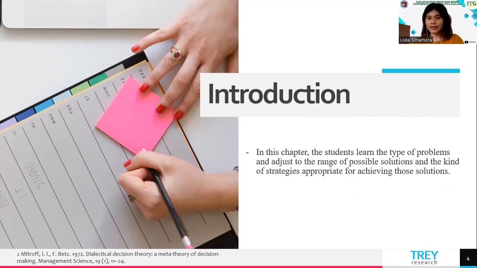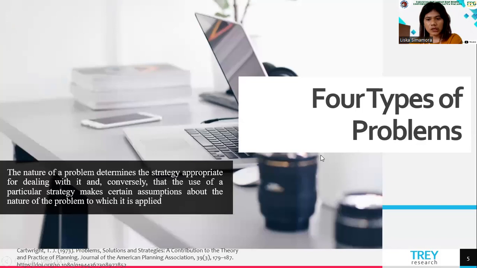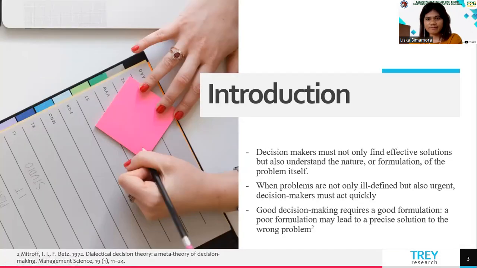So the key here is appropriateness. We have to think about the appropriate solution to solve the problem. How to find the appropriate solution? Of course, we have to formulate the problem at first. That is why we did it in chapter 2 to formulate the problem.